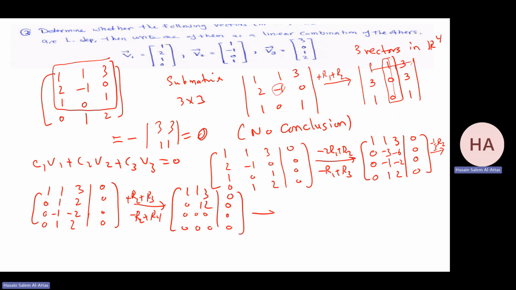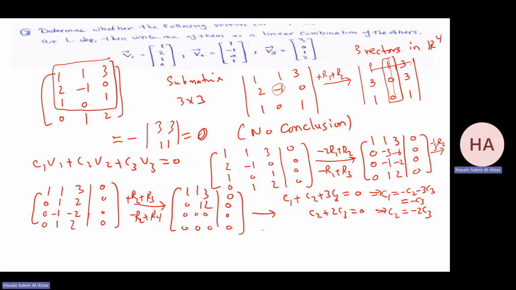So I'm getting these equations, C1 plus C2 plus 3C3 equal to 0, and C2 plus 2C3 equal to 0. Which is very clear, I have infinitely many solutions. I have C2 equal to minus 2C3, and from here I'm getting C1 equal to minus C2 minus 3C3, which is 2C3 minus 3C3.